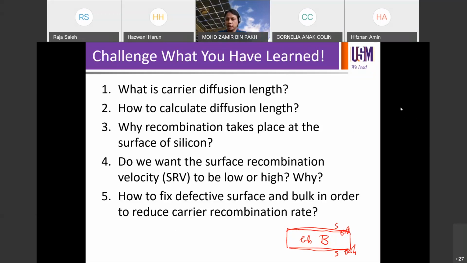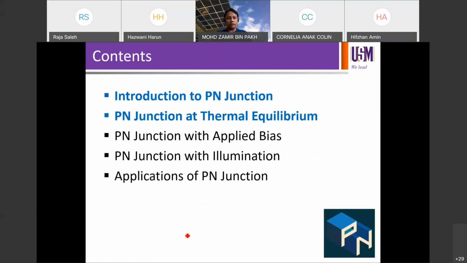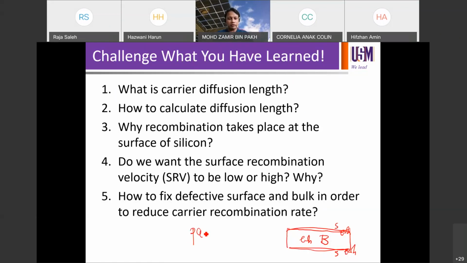Surface passivation. Okay, it's called surface passivation. Surface passivation is to suppress surface recombination, and bulk passivation is used to suppress recombination in the bulk. So generally, you can call the process passivation, the general name.